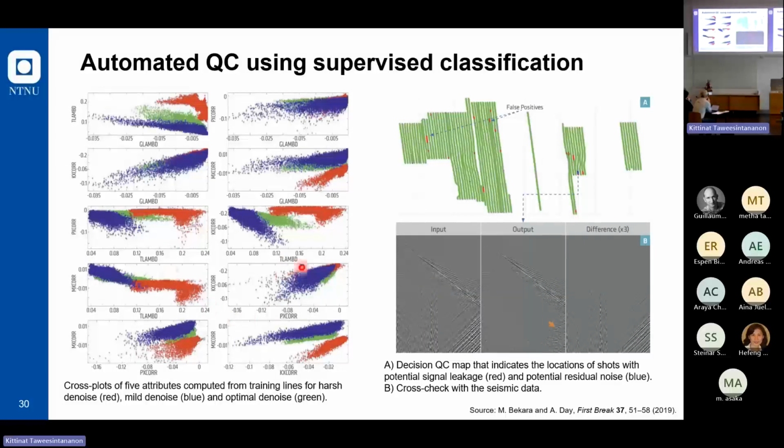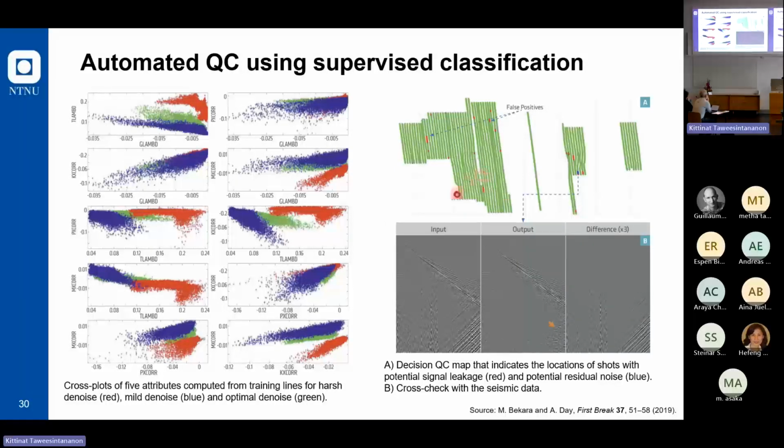I grabbed some images from that paper. They compute different kinds of attributes, plot them, and classify which ones give an accepted result.